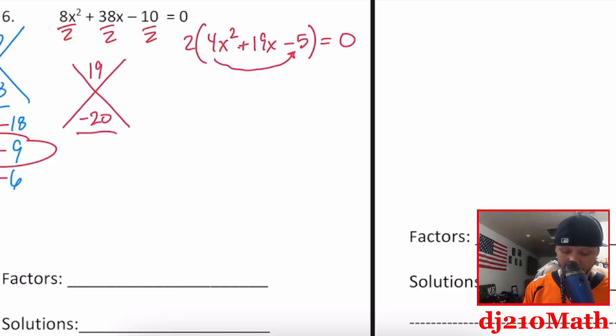Okay, so the list, 1 and 20. 1 times 20, and I know I can make a 19 somehow because it needs to be negative when I multiply. So -1, right? Multiply them together to make a negative number. One has to be negative. Which one, the small one or the big one? Look at 19. 19 is a positive number. So it has to be the smaller number.